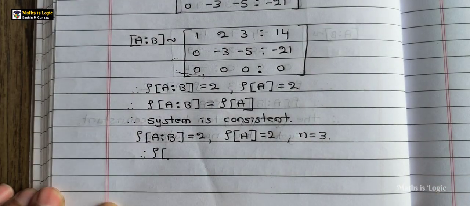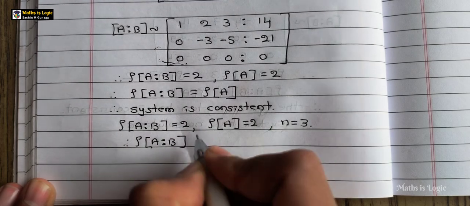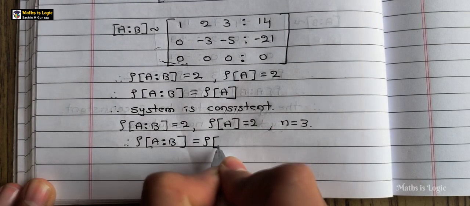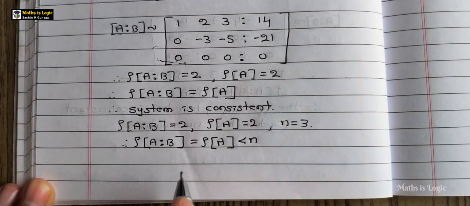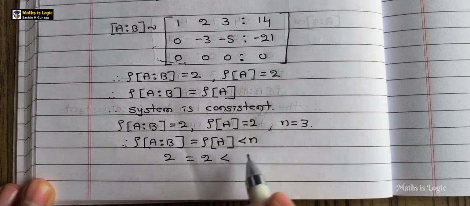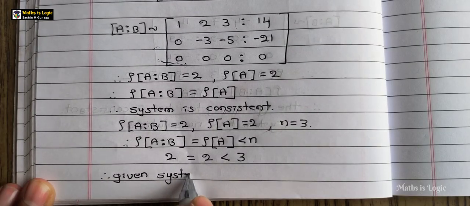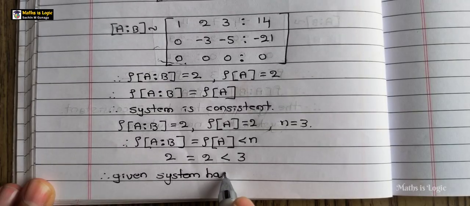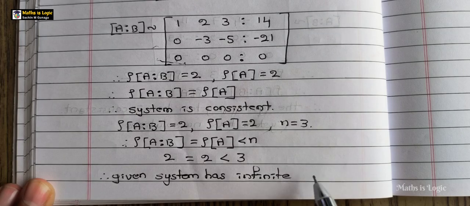The rank of the augmented matrix is equal to the rank of A, which is less than n. That is, 2, which is less than 3. Therefore the given system has infinite solutions.